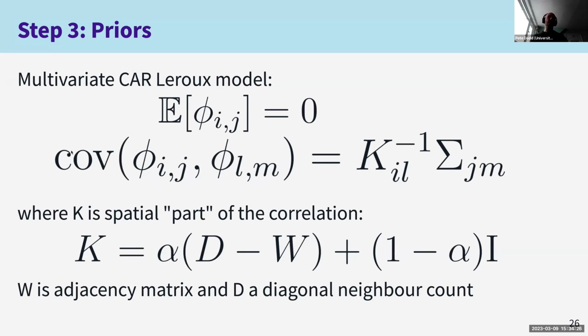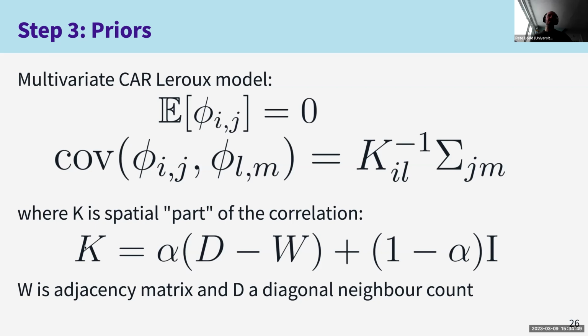In particular, a multivariate normal where the covariance between the random effects has two terms, which you'll put priors on. One is to do with space, the K bit, and then one, in this multivariate version of the Leroux, is to do with correlations between drug resistance types.